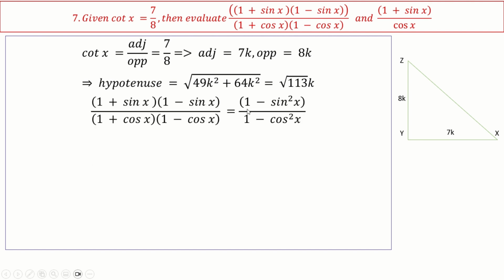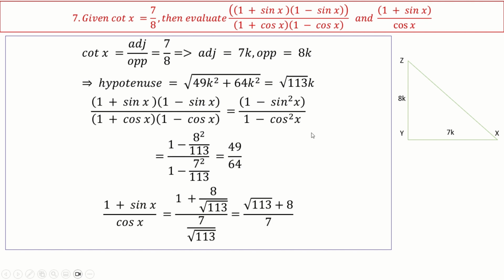So obviously this is 1 minus sine square x divided by 1 minus cos square x. So you know that sin x is 8 by square root of 113. Squares are there. So 8 square by 113 divided by 1 minus 7 square by 113, which is 49 by 64. So this is one ratio which they asked.